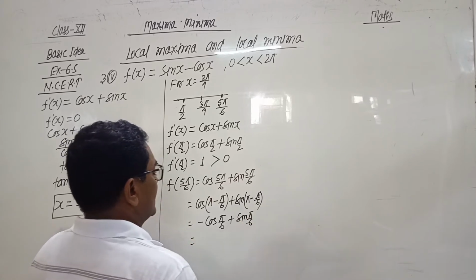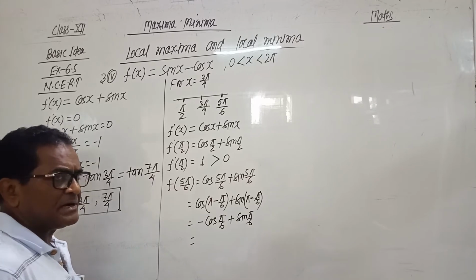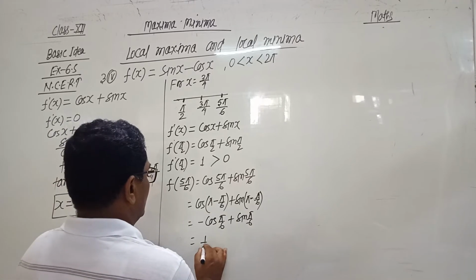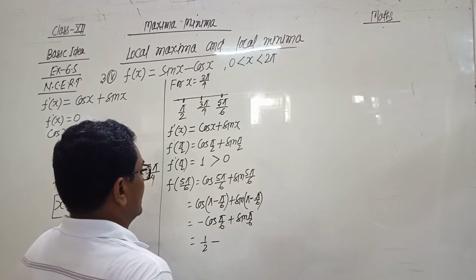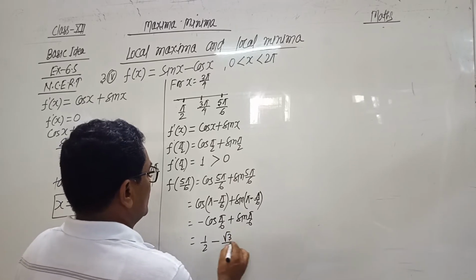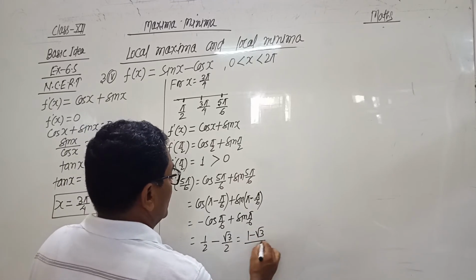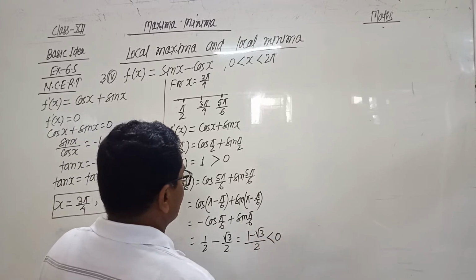The value of sin pi by 6 means sin 30 degree, which is 1 by 2, and cos pi by 6 is cos 30 degree, root 3 by 2. So we get 1 minus root 3 by 2, which is less than 0.